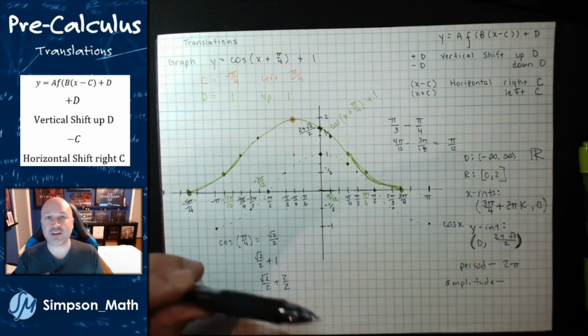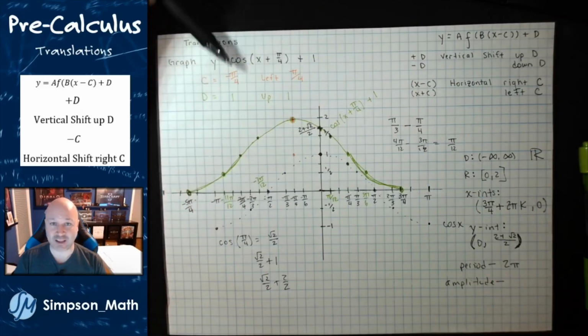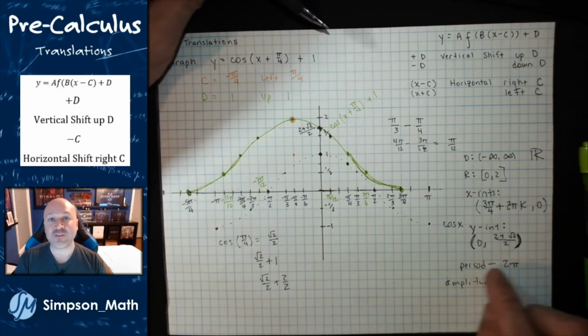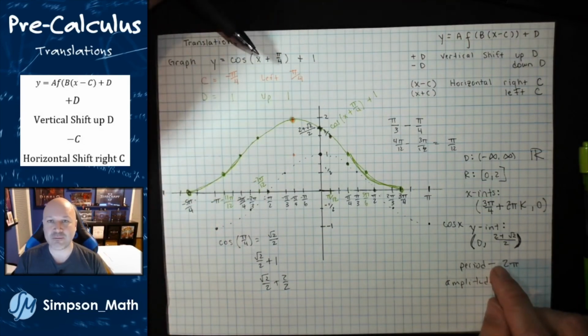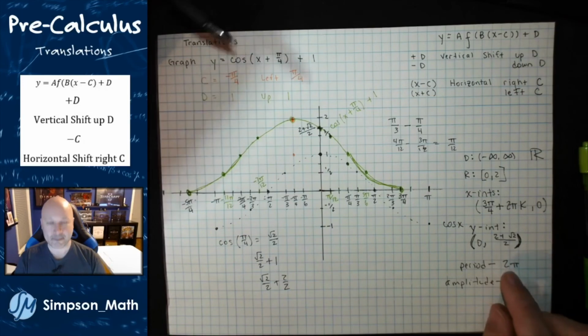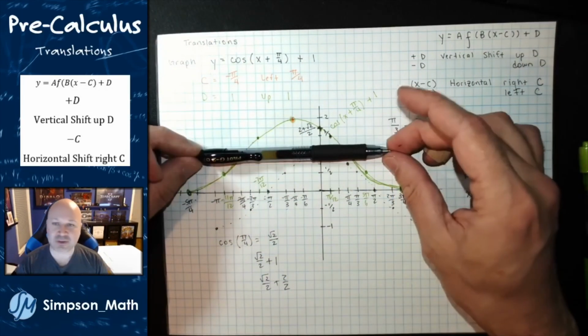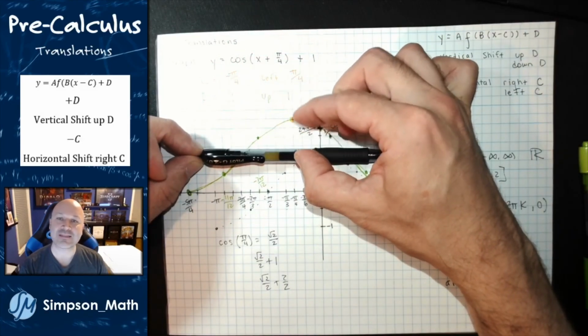The transformation that affects the amplitude is the A. I don't have an A. The amplitude is not changed. The transformation that affects the period is the B. I don't have a B. The period is unchanged. So the amplitude is still going to be 1. From that 0 position, this wave still has a height of 1.